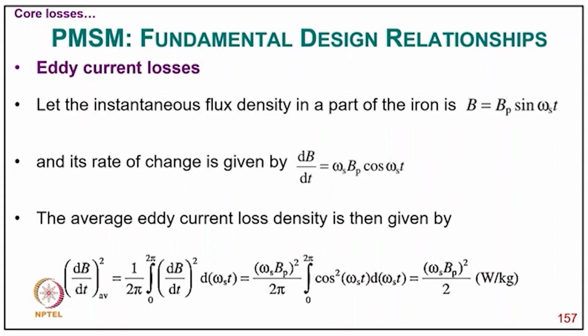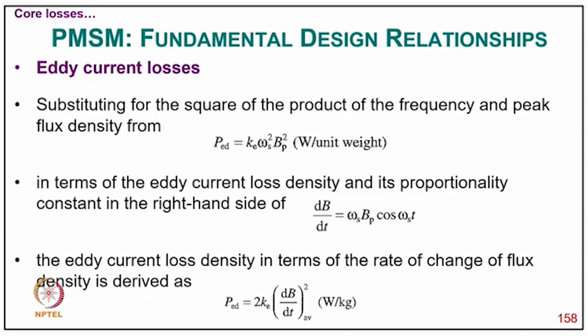The average eddy current loss density is then given by the average of (dB/dt) squared, which is 1 over 2 pi, integral from 0 to 2 pi of (dB/dt) squared d(omega_s t), equal to omega_s squared B_p squared over 2 pi, integral from 0 to 2 pi of cos squared omega_s t d(omega_s t), and that is equal to omega_s squared B_p squared by 2, watt per kg.